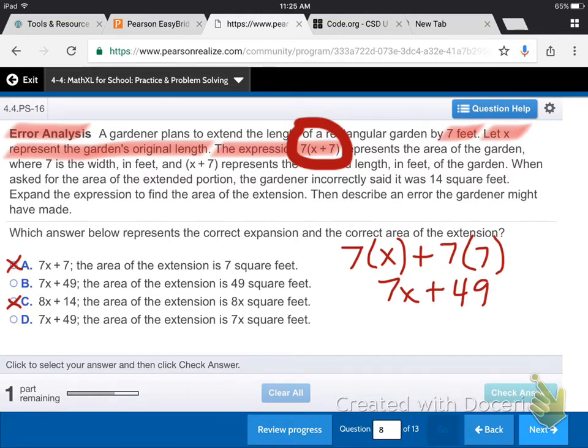You're expanding the garden by, do you remember this part right here? 7 feet. So when you expand that, 7 times 7, width times height, that's 49. So the answer is, let me make that a little bigger, B. 7x plus 49, the area extension is 49 square feet.